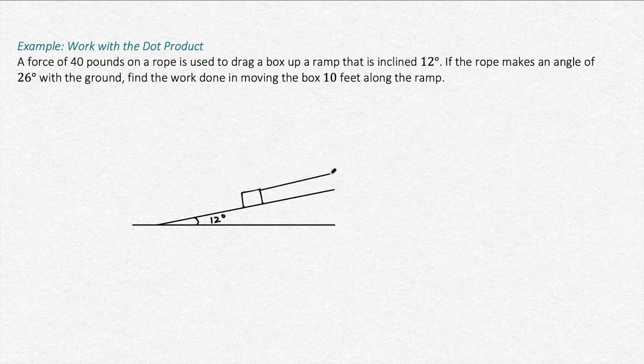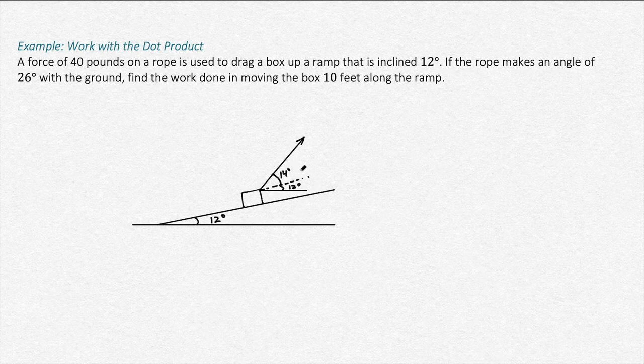Now if it was parallel to the ramp, it would be 12 degrees with the ground. So it's more than that, right? The rope is being pulled in that direction. If I look at a flat, I know this angle here is 12 degrees, and the full angle is 26 degrees, so I know that angle right there is 14 degrees.